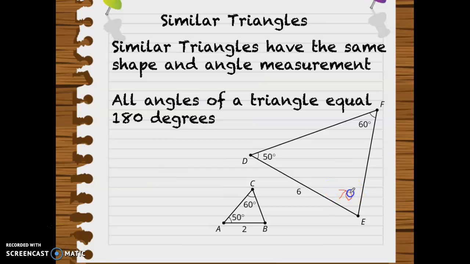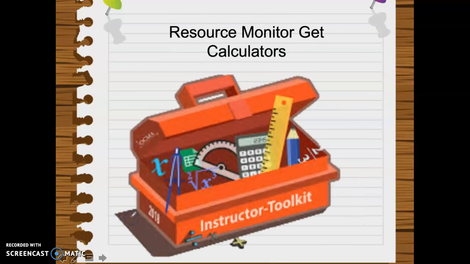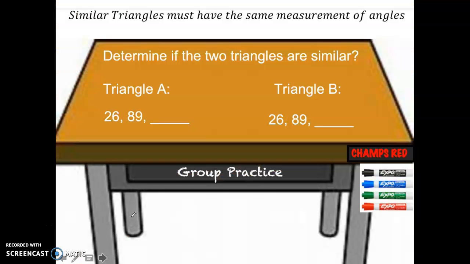So we will be using that knowledge, that all the angles equal 180, to be able to solve these. You are allowed to use calculators for this one. I am more concerned about you understanding the concept than you using that calculator.